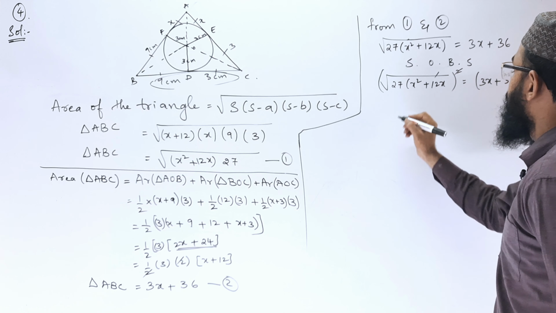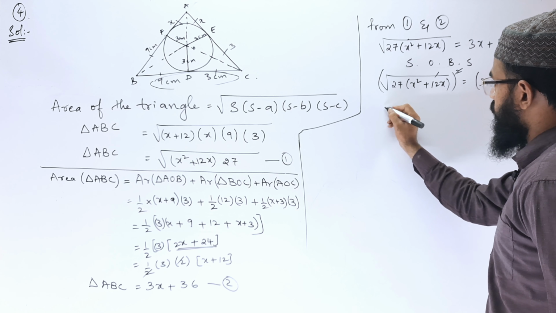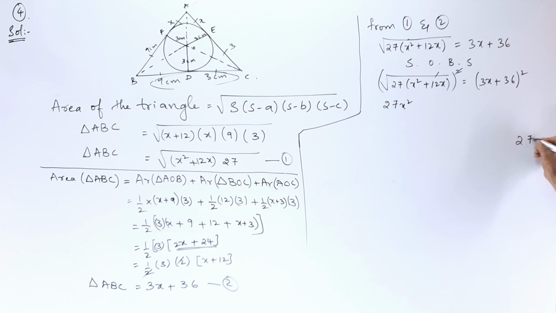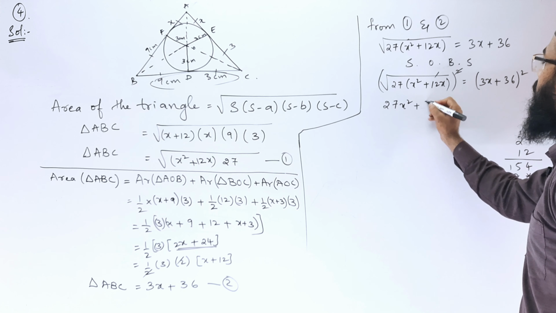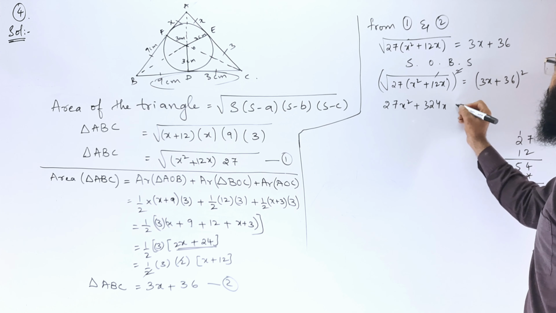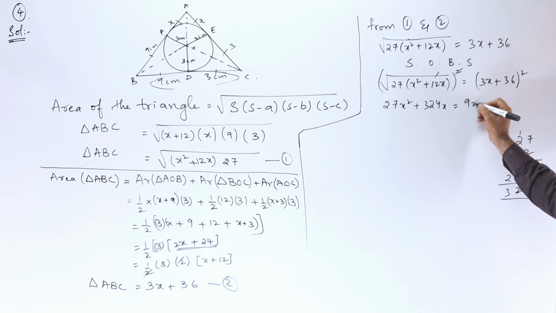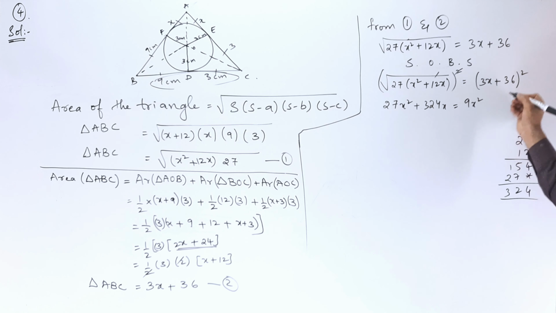So the square root cancels. 27 into x square, 27x square. 27 into 12, so 324x. Now this is in the form a plus b whole square. So a square is 9x square, b square is 36 square, which is 1296.